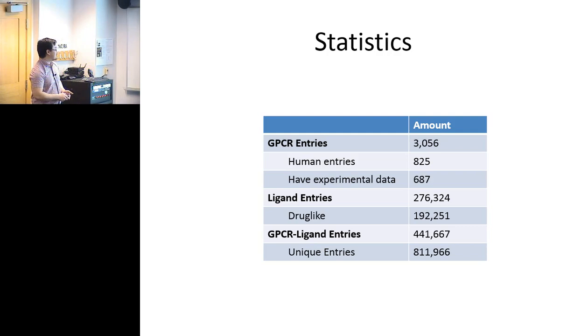And in terms of GPCR ligand entries, the non-redundant amount here is 441,667. But overall, I flipped it around here. We have roughly 800,000 GPCR ligand entries. Out of those, 440,000 are unique.